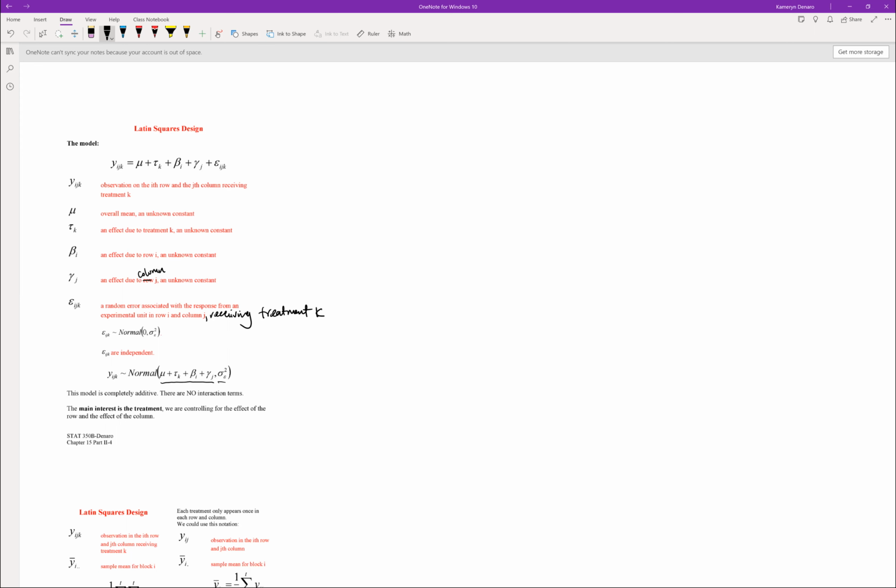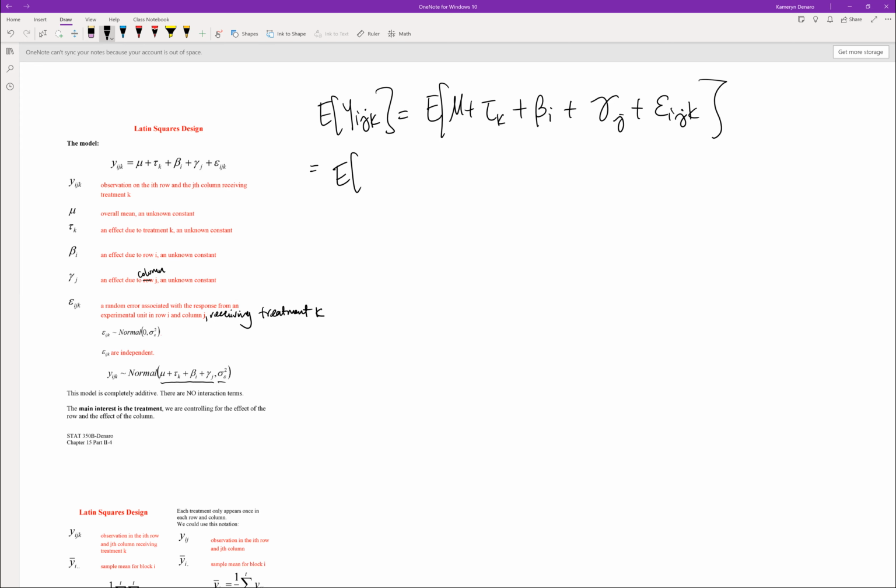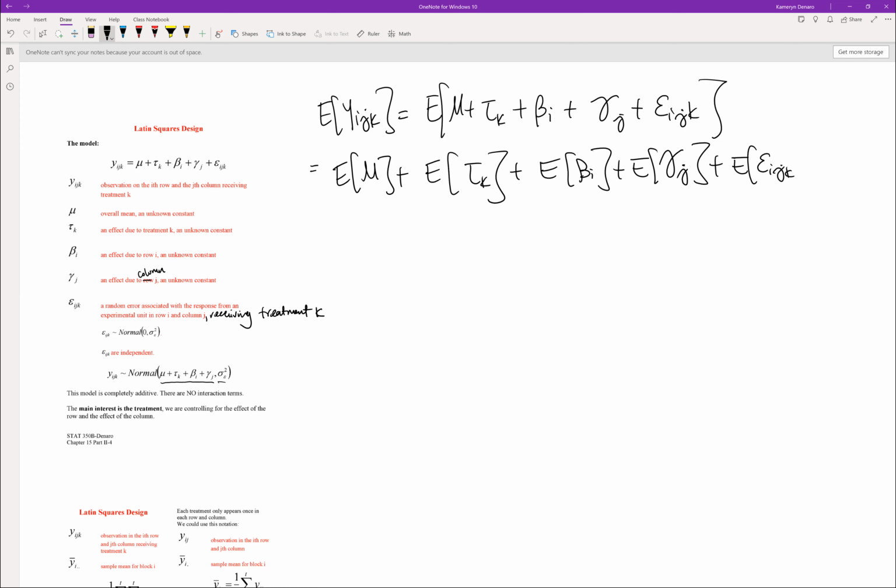Just like before, we could think about the expected value of yijk is equal to the expected value of mu plus tau k plus beta i plus gamma j plus epsilon ijk. Since this is a linear combination, we can just pull the expected value through. That's the expected value of mu plus the expected value of tau k plus the expected value of beta i plus the expected value of gamma j plus the expected value of epsilon ijk.